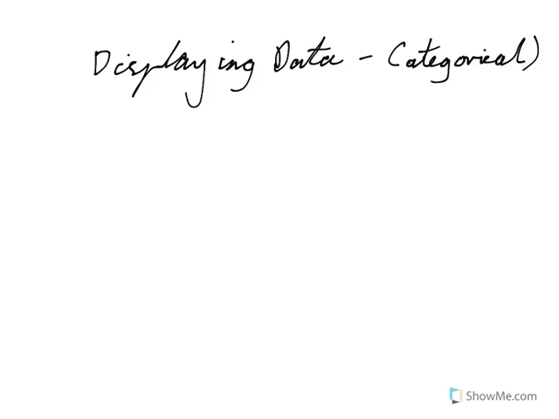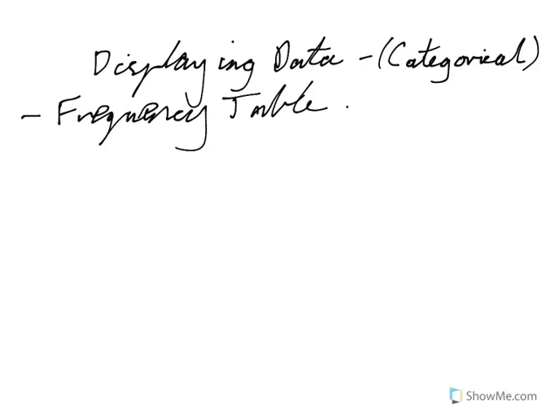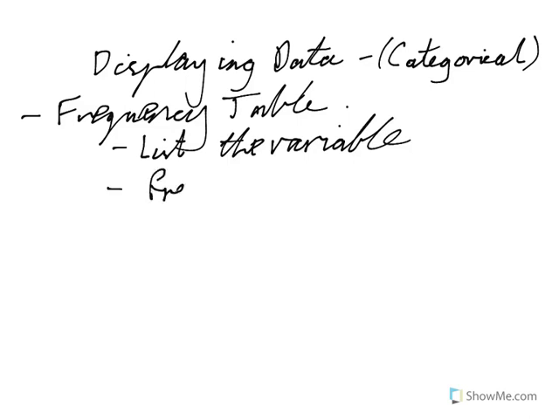So one way we can display categorical data is what's known as a frequency table. So frequency table, what does it have? Well, it lists the variable, and also tells you the frequency, which is how many.